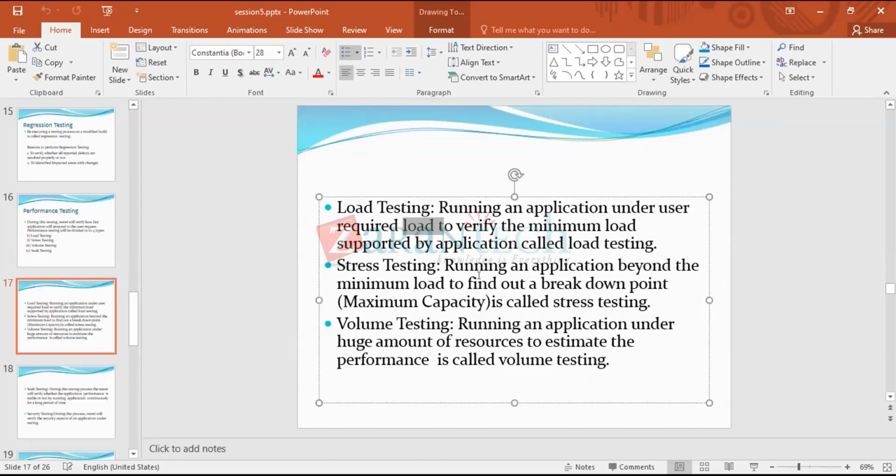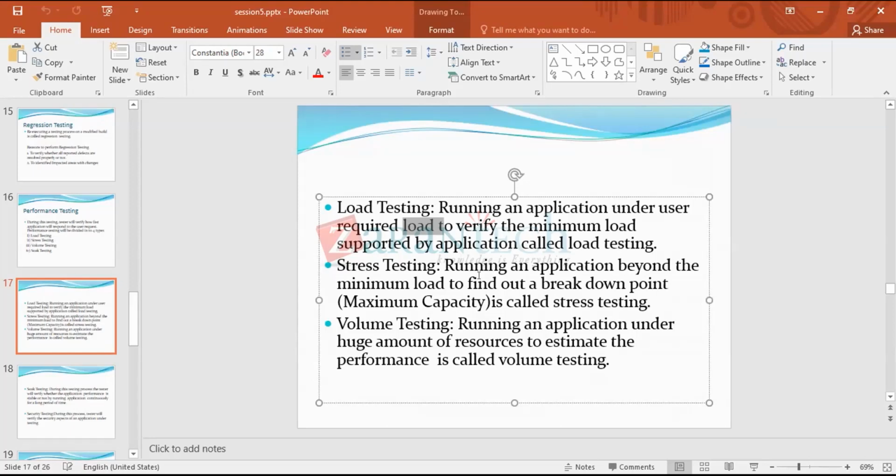See the second one, stress testing: running an application beyond the minimum load. According to my previous example, the minimum load is 5. So I added the 6th, 7th, 8th, and 9th user. At the 10th user, the system broke down.